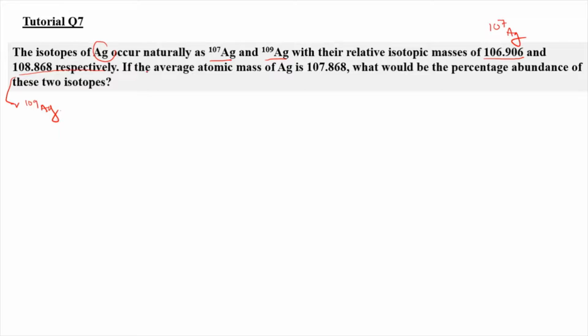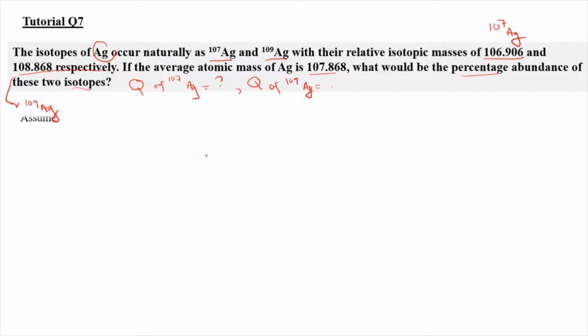Okay, and if the average atomic mass of argentum is 107.868, what will be the percentage abundance of these two isotopes? So we need to find the Q of 107 Ag, and we also need to find the Q of 109 Ag, in percentage. So you know that the addition of this one and that one is going to be 100%.